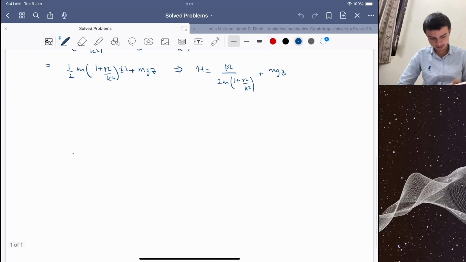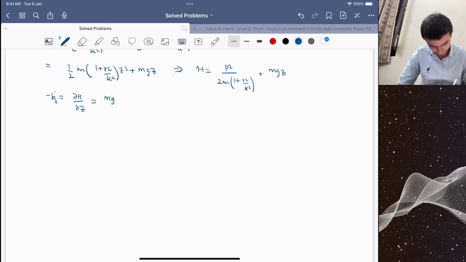Now let us find the equations of motion. The first equation is minus p dot, which is del H upon del z, equal to mg. And z dot is equal to p upon m (1 plus r squared upon k squared).